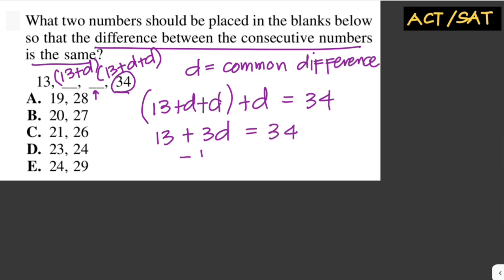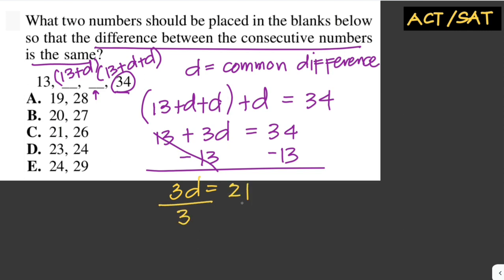And then we subtract 13 from both sides. So we have 3D equals 21. Dividing both sides by 3, D is just equal to 7. So our common difference here is 7.